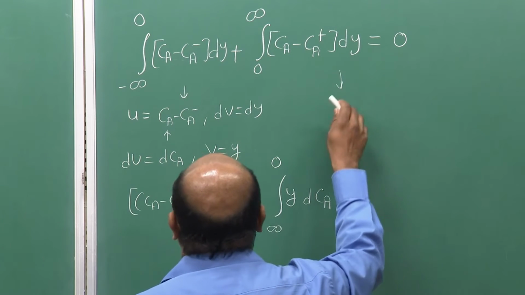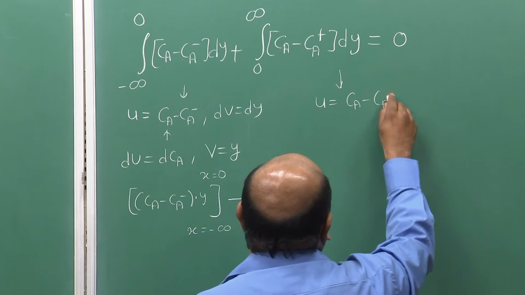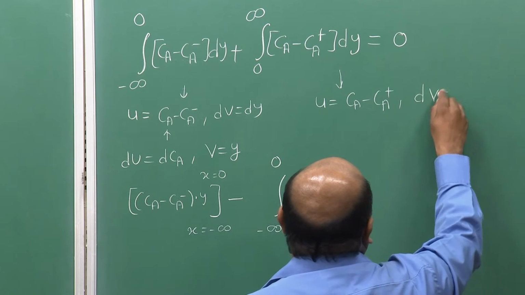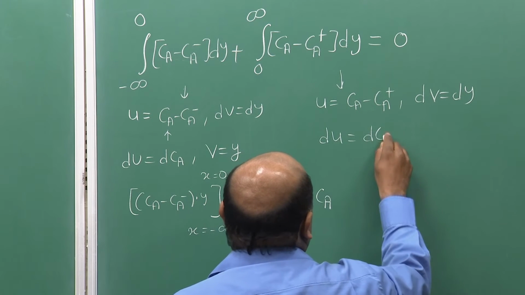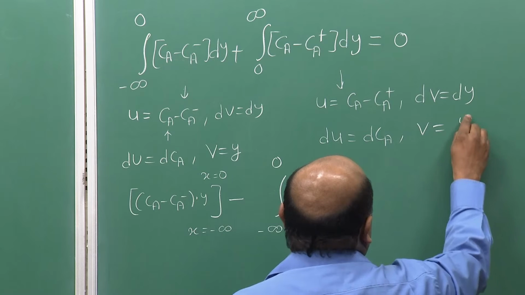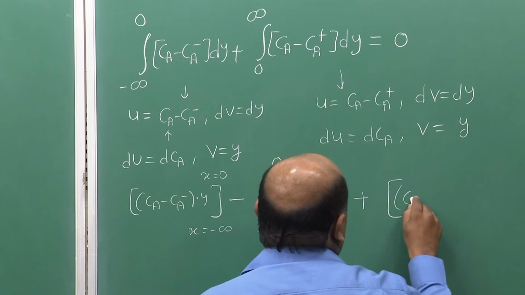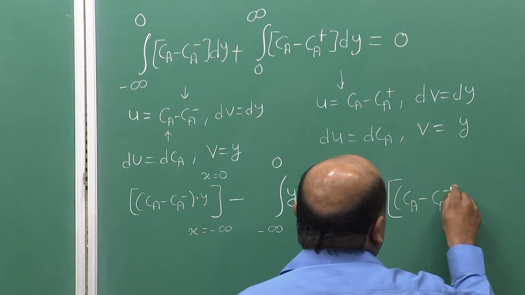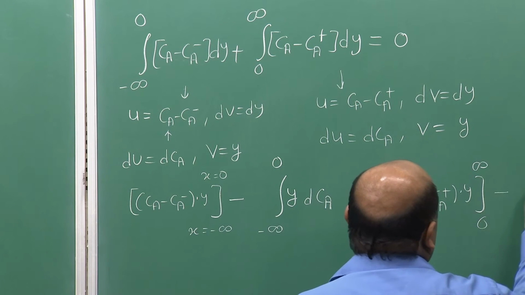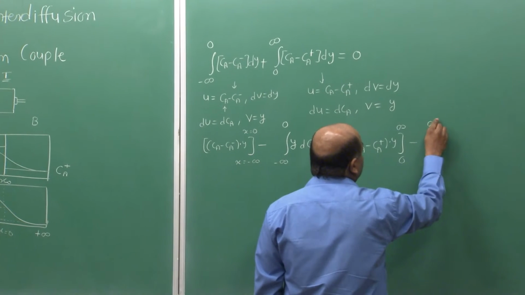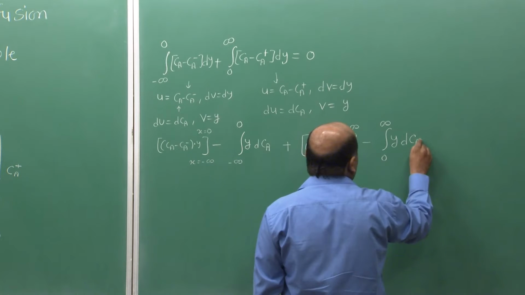Similarly, for the second integral, we take u is equal to Ca minus Ca plus, dv is equal to dy, and so du is equal to dCA again, and v is equal to y. So, we have uv, Ca minus Ca plus times y from 0 to plus infinity, minus the integral from 0 to plus infinity of y dCA.